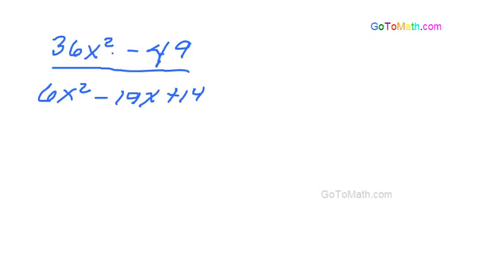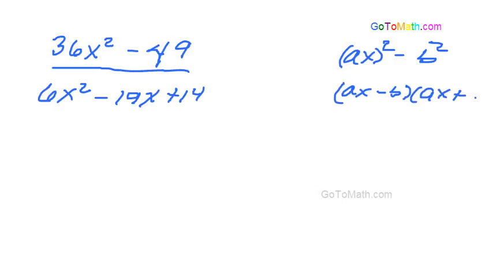Taking a look here, this looks like it's going to be in the form of a squared x squared minus b squared. Okay, the difference of squares. And therefore, if we had to factor, this would be ax minus b times ax plus b. Right, and that's supposed to be an a there. So in this particular case, we've got 6x quantity squared minus 7 squared.